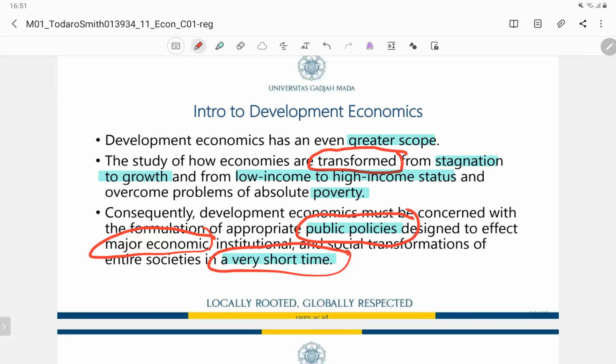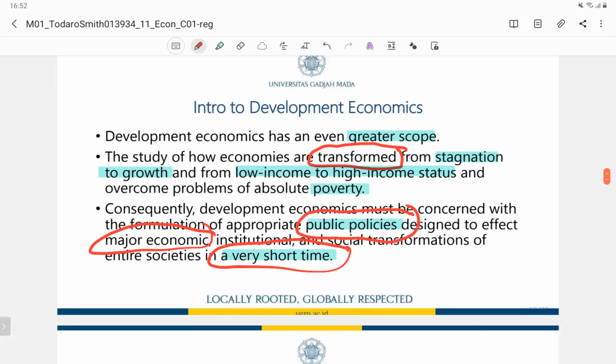So that's basically the description of development economics.